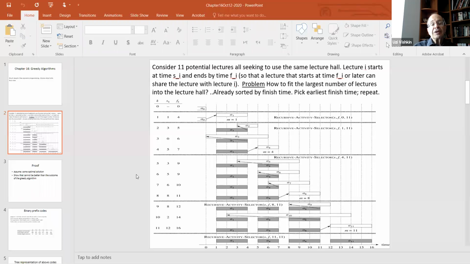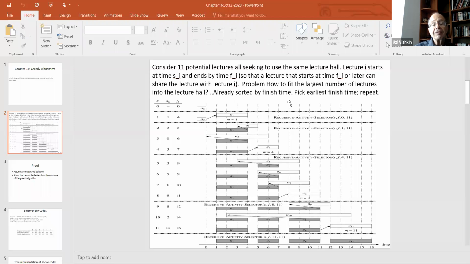And the rule is that only one lecture can take place there at a time. And we are talking about allocating it to a bunch of lectures during a day. And our objective is to allocate it to the largest number of lectures.